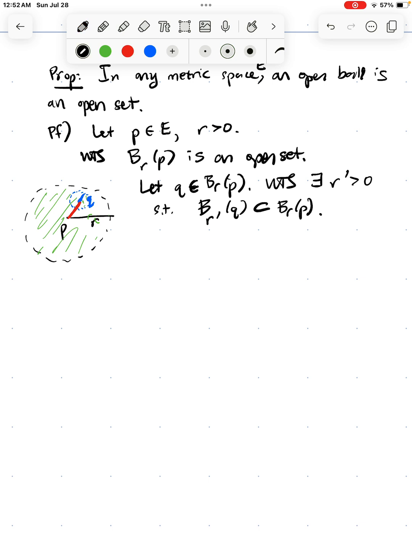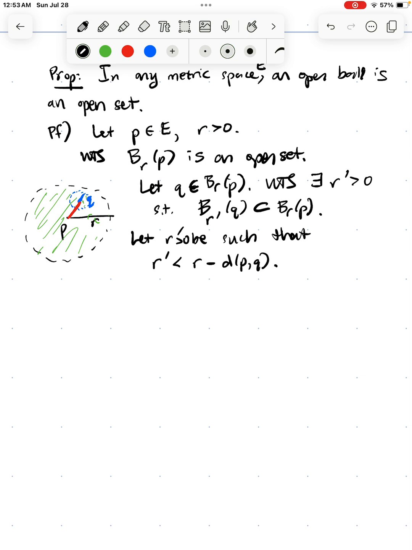So let R prime be such that this positive number R prime is less than R minus the distance between P and Q.